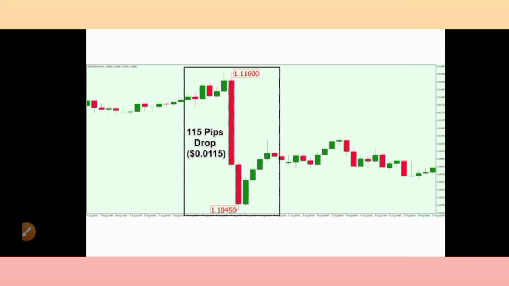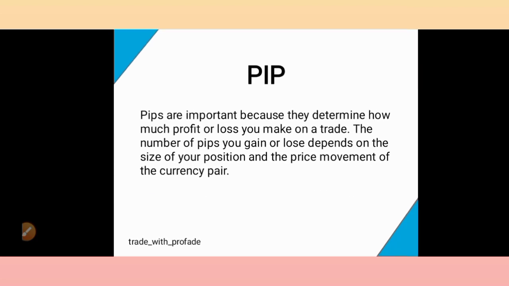PIPs are important because they determine how much profit or loss you make on a trade. The number of pips you gain or lose depends on the size of your position and the price movement of the currency. So the things I mentioned here are the size of your position and the worth of that currency.